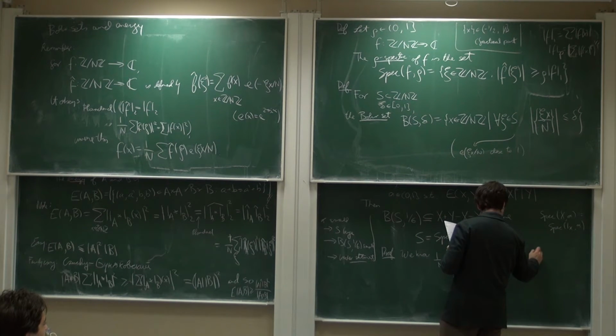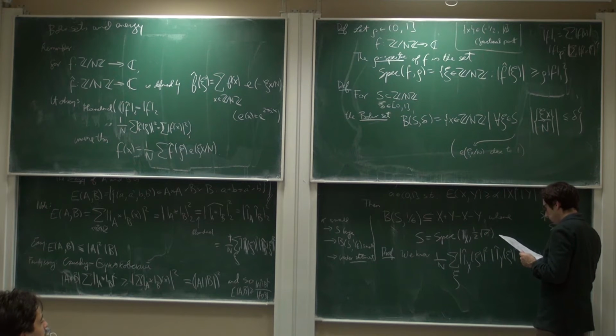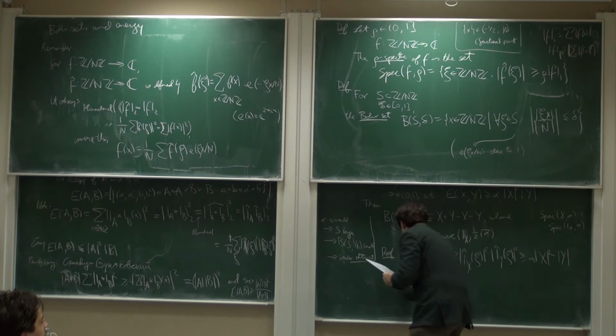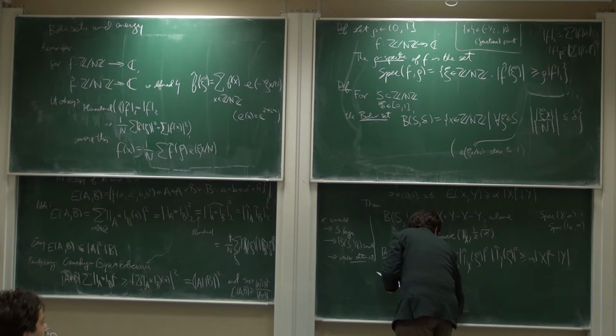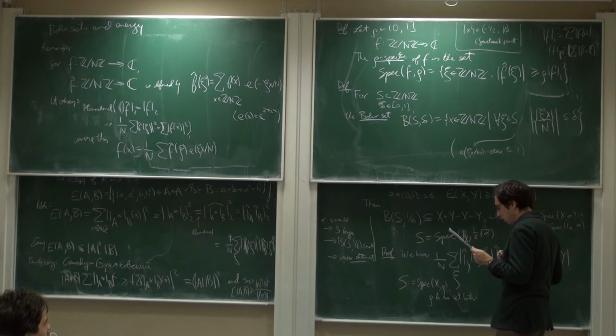And so this quantity looks sort of magical, so I'm going to start by setting S to be the spec of x with rho, and rho will be set later. It will be set at the end to whatever makes things work.